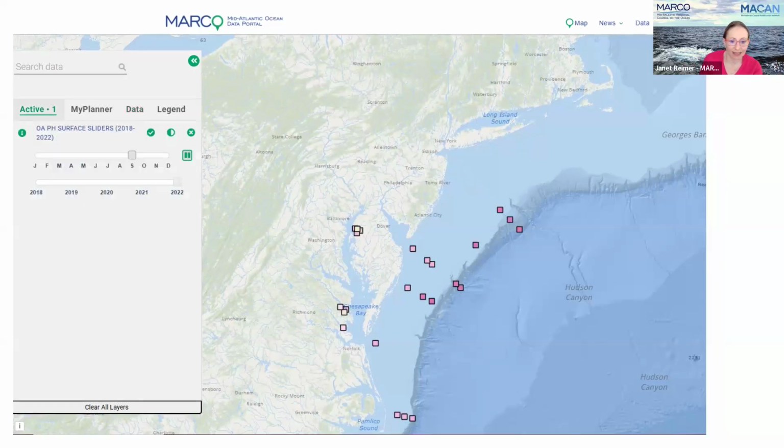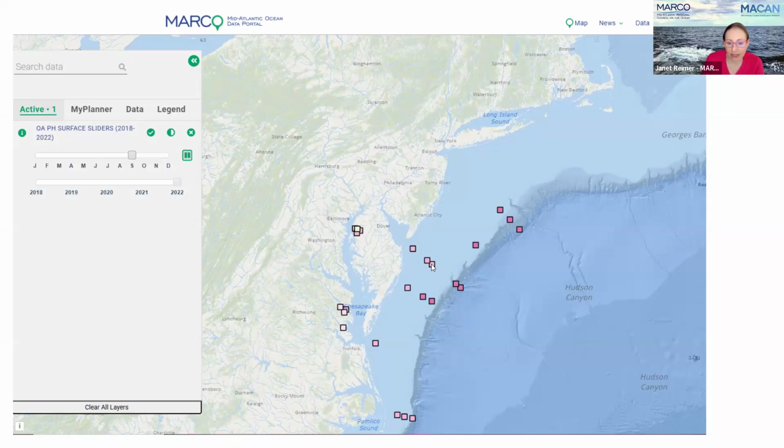So I used the same layer and I just clicked over so that you can see where it's sliding. So for example, this is September from 2022. And again, this is pH. And we used a colorblind safe color scheme. So it's pinks and light greens so that it stands out from the blue background.